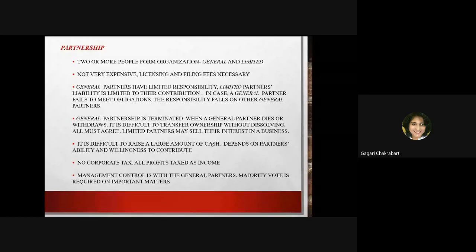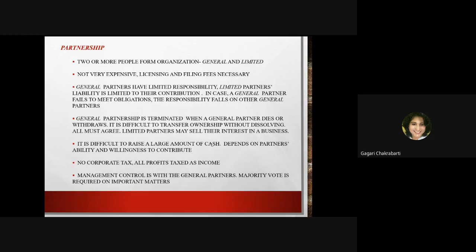It is very difficult to transfer the ownership without dissolving, so all the partners should agree. Limited partners may also sell their interest in a business. Once again, it is difficult to raise a large amount of cash, so it will depend on the partners' ability and willingness to contribute. There will be some tax benefits.